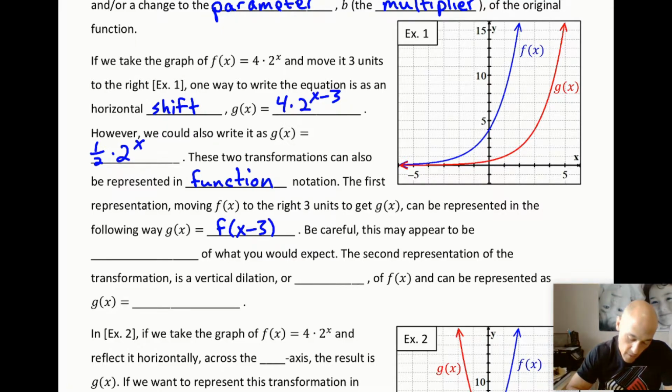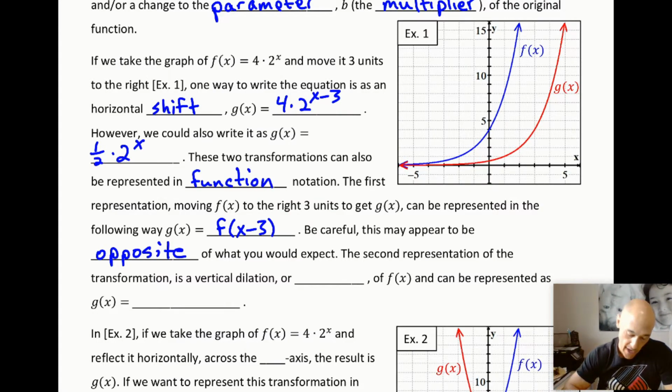But notice, all we've done is if we take our original function here, f of x, and we plug x minus 3 in for x, that's our input, then this up here becomes x minus 3, just as we have right there.